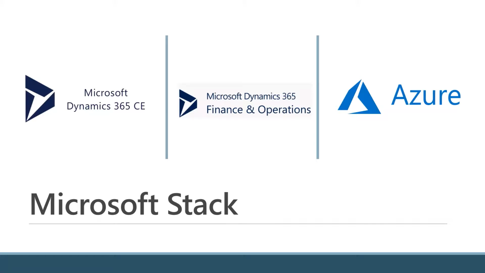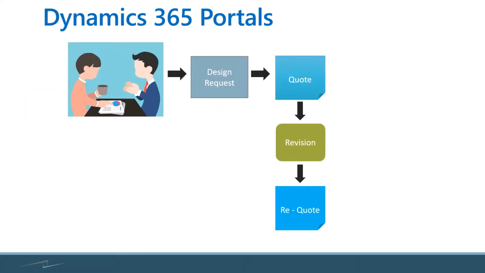One of the more exciting parts of this implementation is the use of Microsoft Dynamics 365 portals. As mentioned earlier, the manufacturing company has many third-party sales reps that need an easy solution to track their prospects and, more importantly, their design requests, quotes, and revisions.